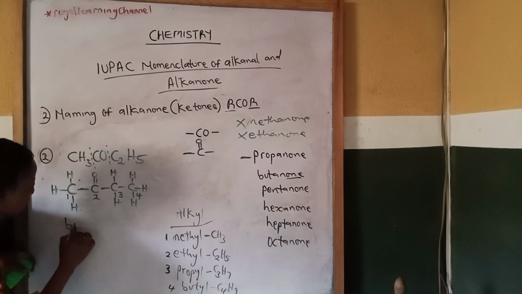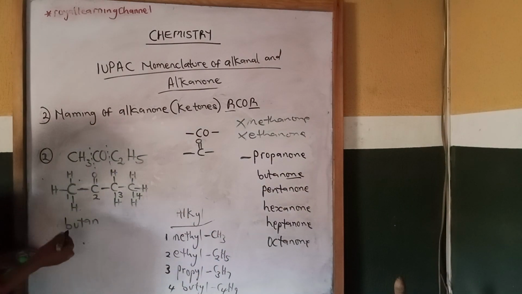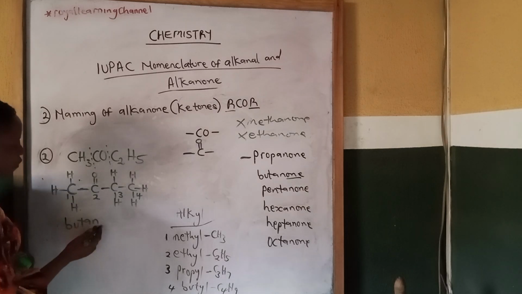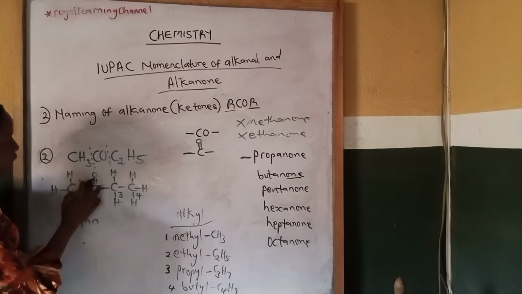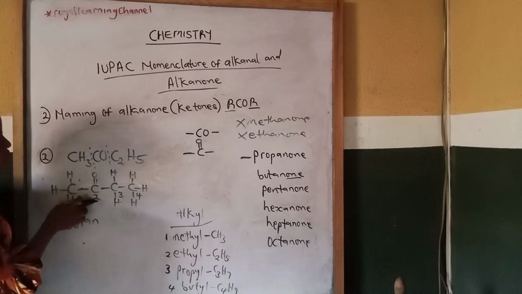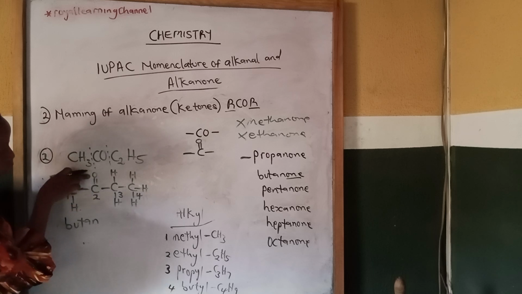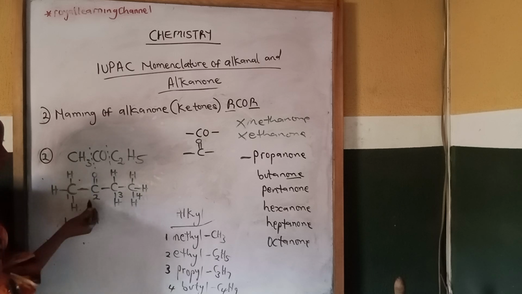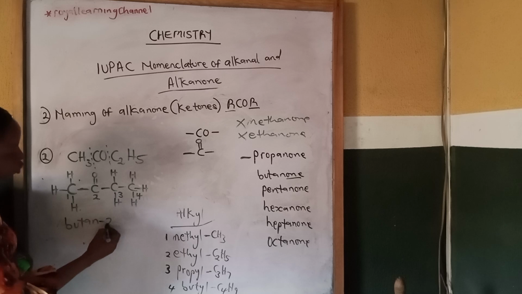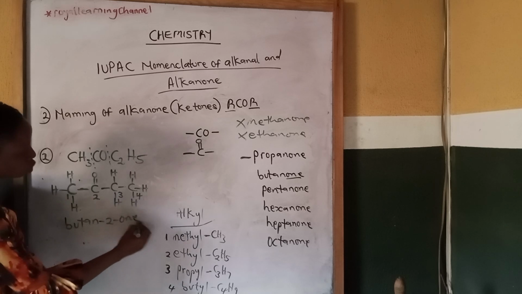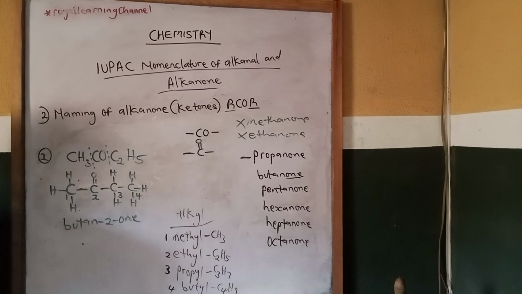So we call it butan. Your one is on the second carbon atom, which is your functional group. So we call it butan-2-one. So the name of this structure is called what?